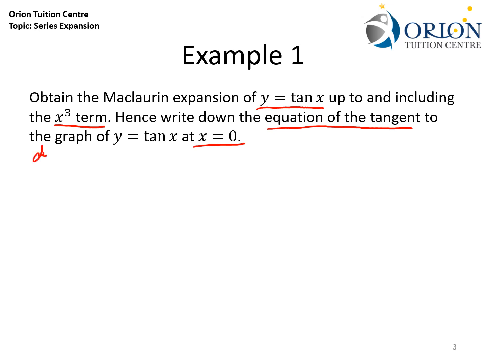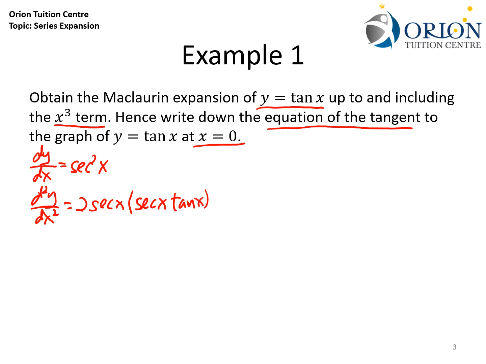We get dy/dx equals secant squared x. The d²y/dx² will be equal to 2 secant x times secant x tangent x, which becomes 2 secant squared x tangent x. Next, we want to simplify this expression slightly before I perform another differentiation.